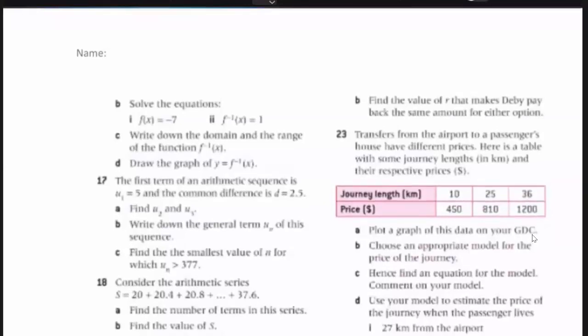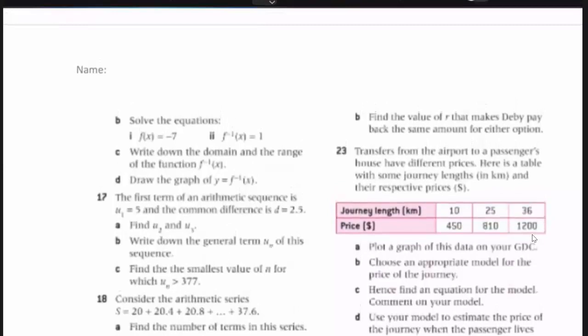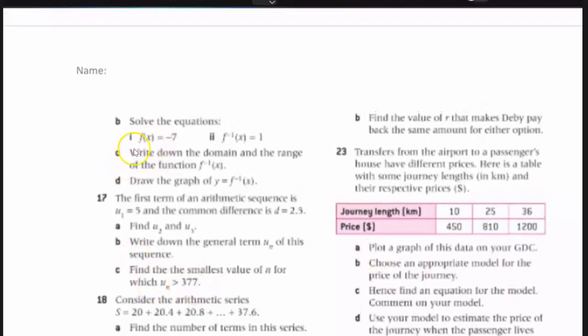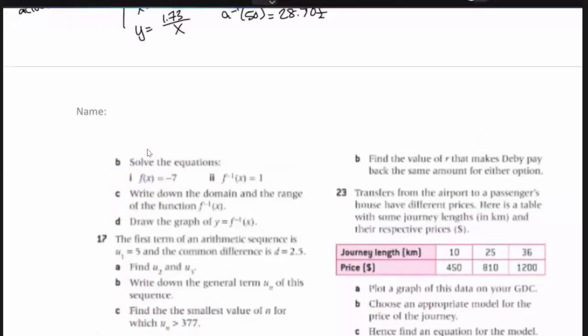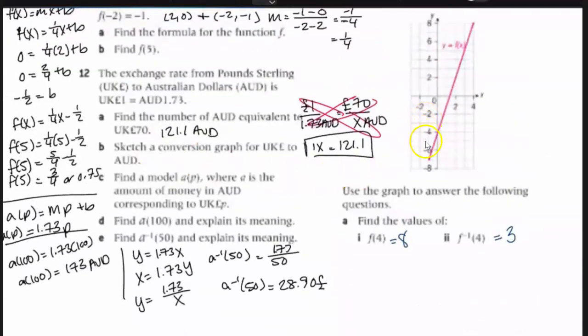And then solve for f of x equals -7. So this is a regular function, so solve for x when your output is -7. So when my output is -7, down here, my input is -7 as well. Oh wait, when my output's -7, my input is -1.